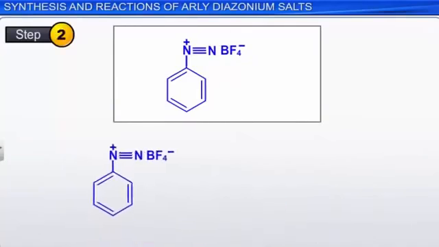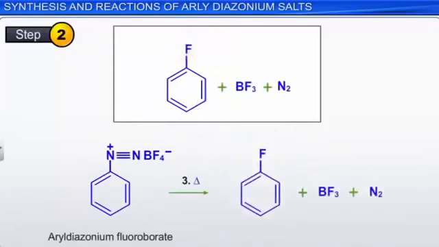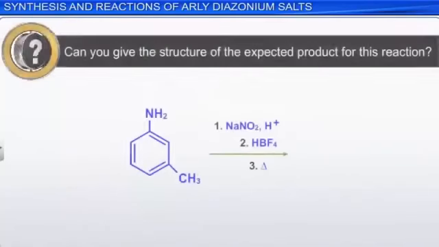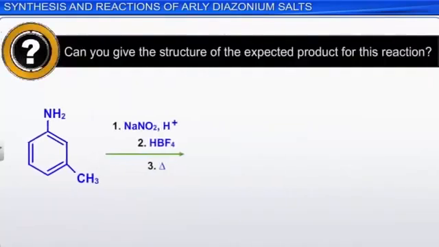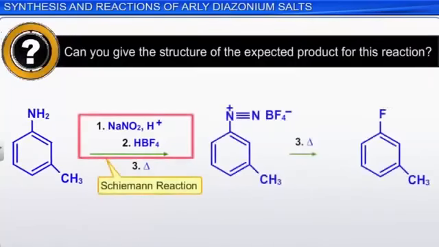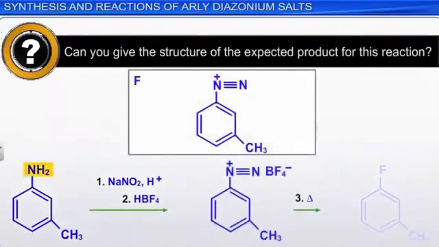Next, the dry diazonium fluoroborate is heated until it decomposes, releasing an aryl fluoride. Can you give the structure of the expected product for this reaction? You should recognize this as the Schiemann reaction. The amine group will be transformed into a diazonium group and ultimately be replaced by fluorine.